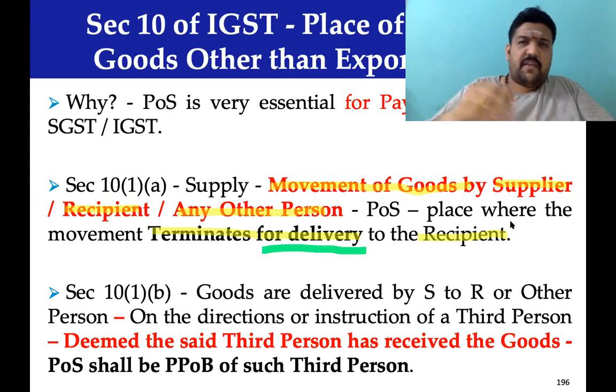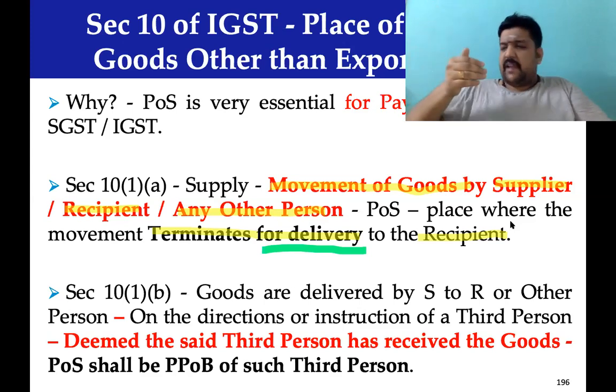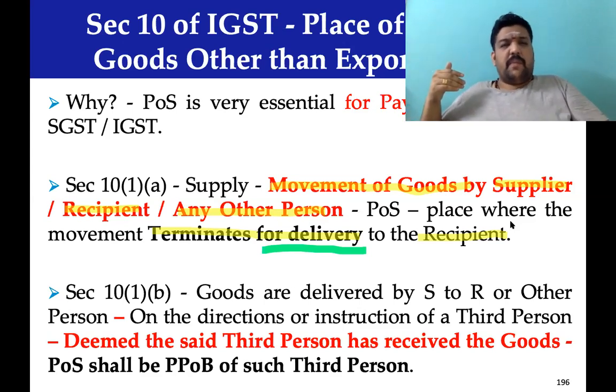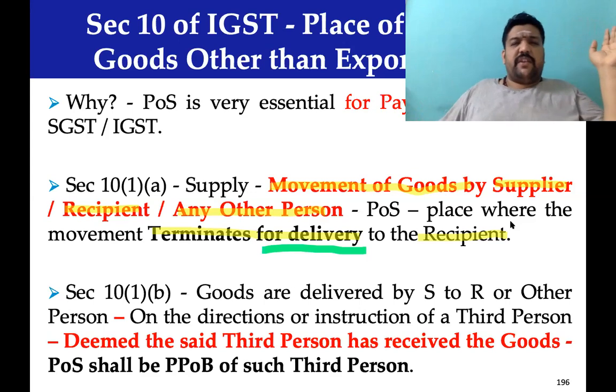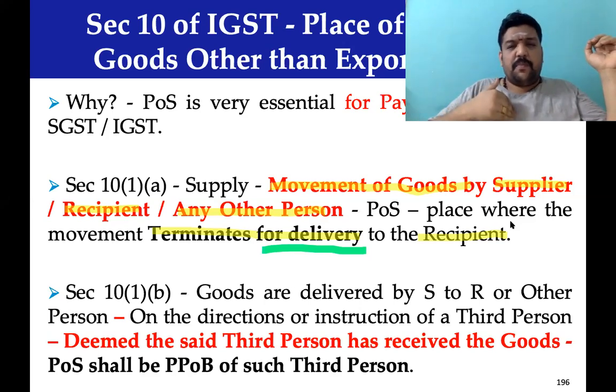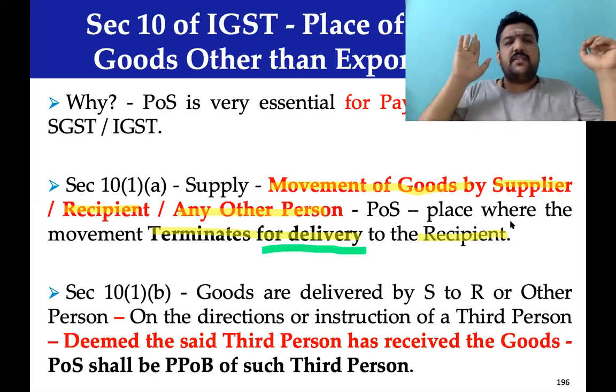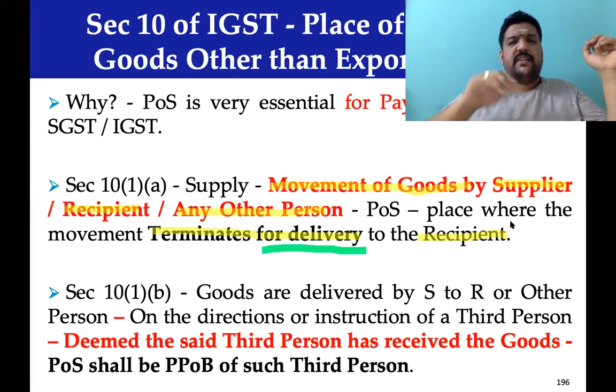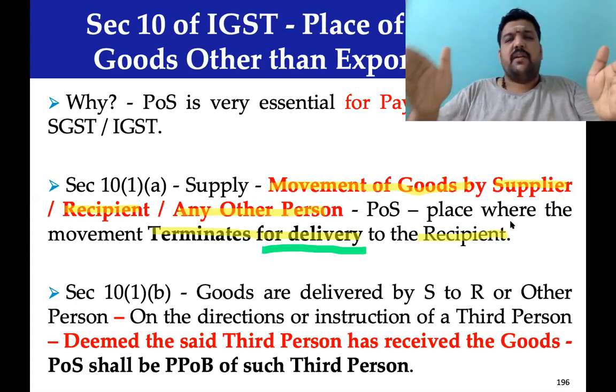No, sir. After getting those goods, I bring them back to Tamil Nadu, and only then I give them as a gift in Tamil Nadu when his marriage happens. Then the movement of goods is handled by whom? The supplier. Now the question before us is, in all these transactions, what will your place of supply be, Kerala or Tamil Nadu?